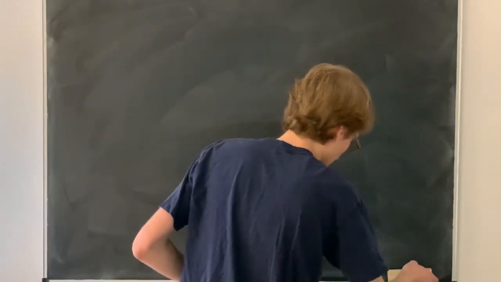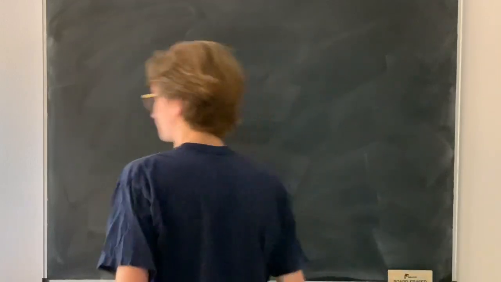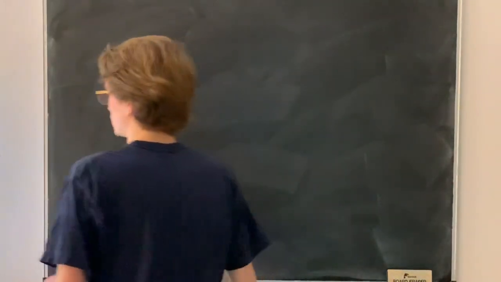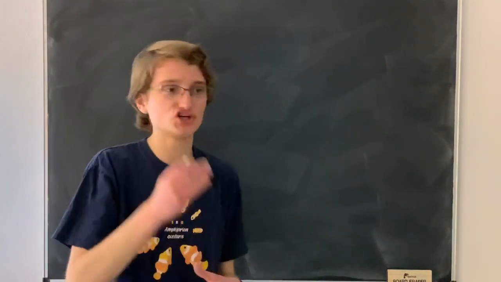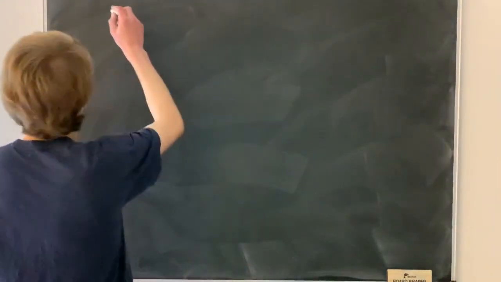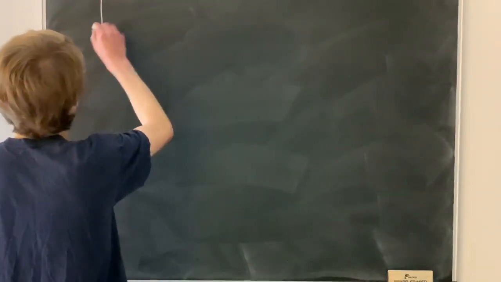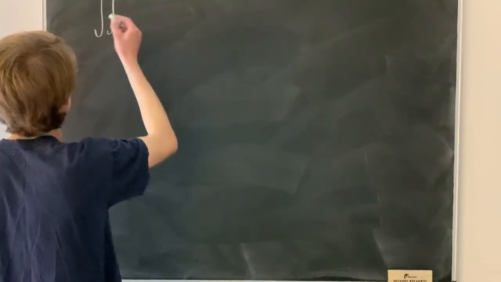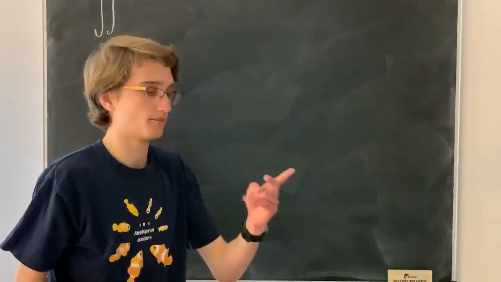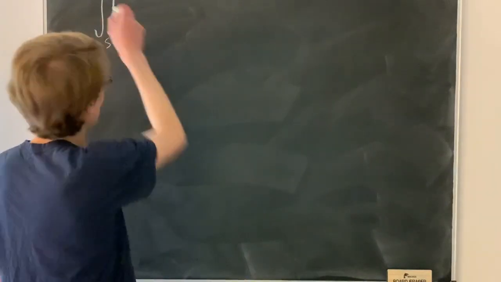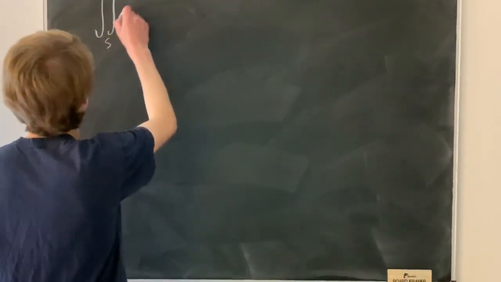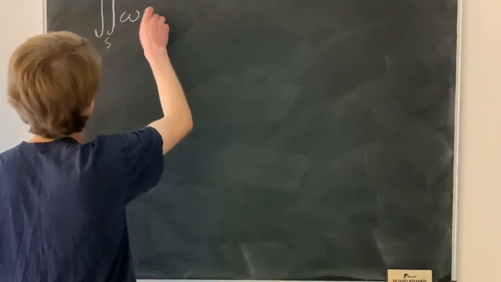Dirty blackboard. Okay. Well, the first step in this proof is going to be writing an applied definition of the general Stokes theorem. Because we know we are going to be dealing with a two-form manifold, right? It's a surface. We know we're going to need two integrals of omega, so the boundary.